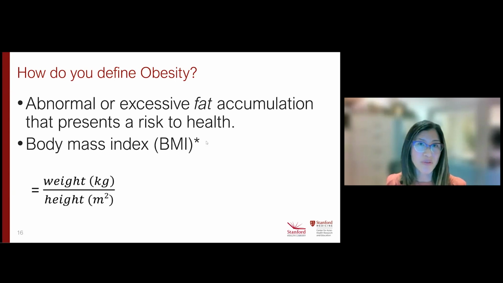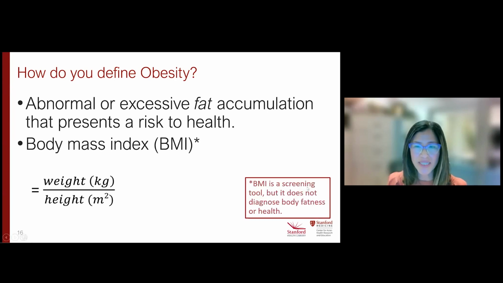You may be very familiar with body mass index. It's calculated based on your weight in kilograms divided by height in meters squared. A common screening tool we use is body mass index, but I want to highlight that it does not diagnose body fatness or your health.